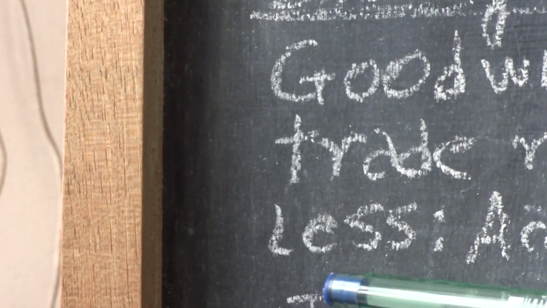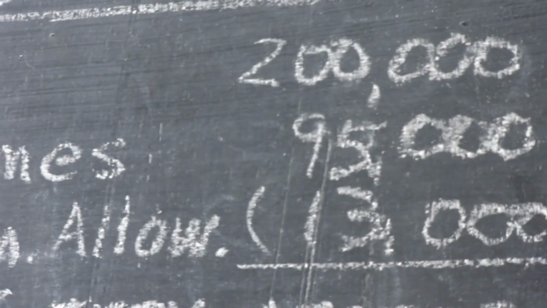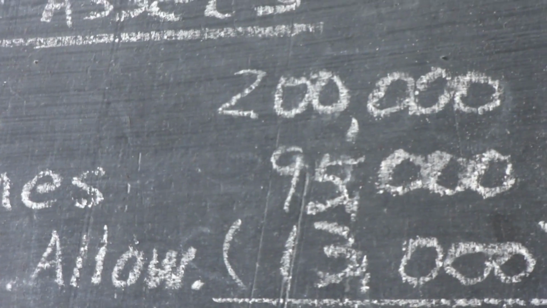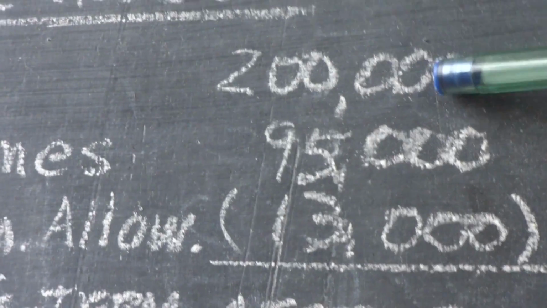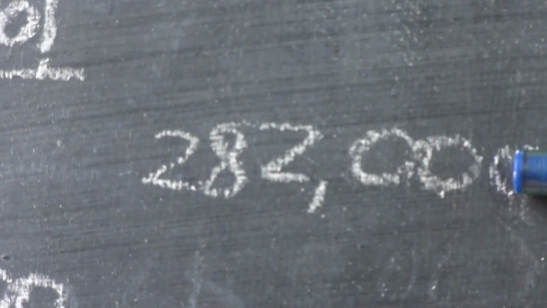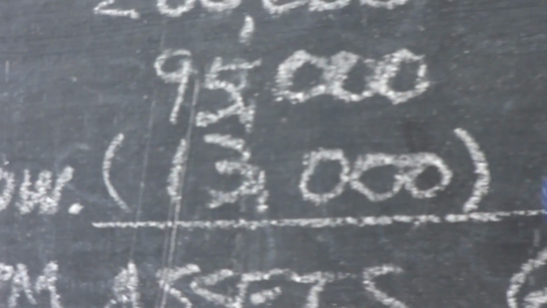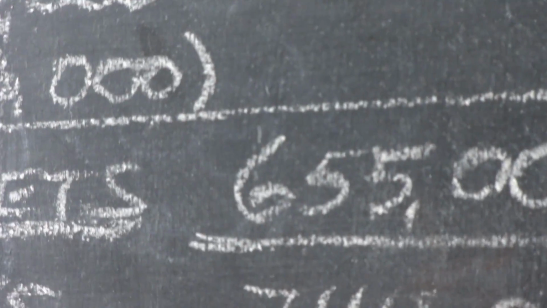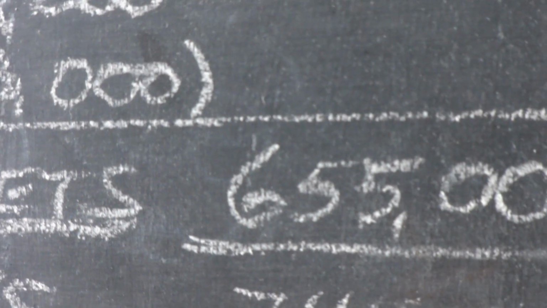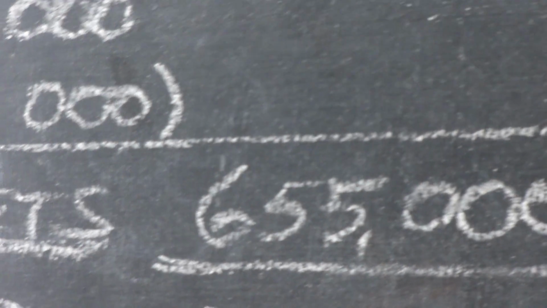We have to subtract the accumulated allowance by $30,000. So the intangible assets net is these two quantities less $13,000. Then we have total long-term assets by $655,000.